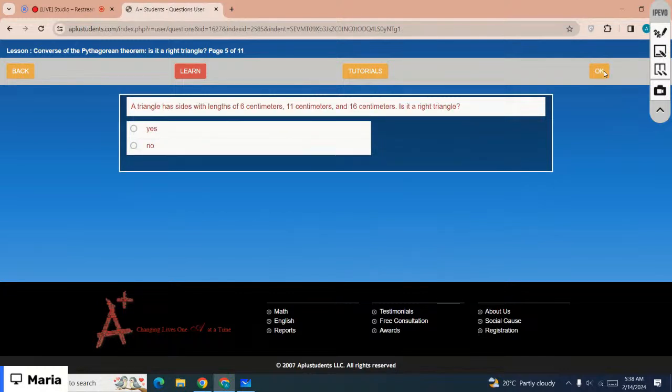The next one is a triangle with side lengths of 6 centimeters, 11 centimeters, and 16 centimeters. Is it a right angle triangle?